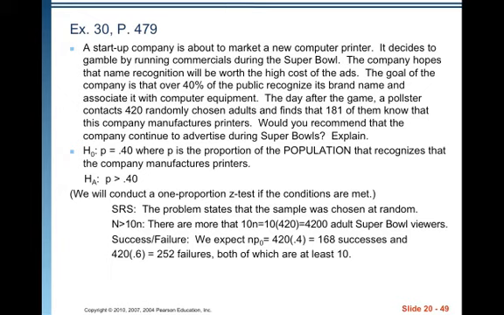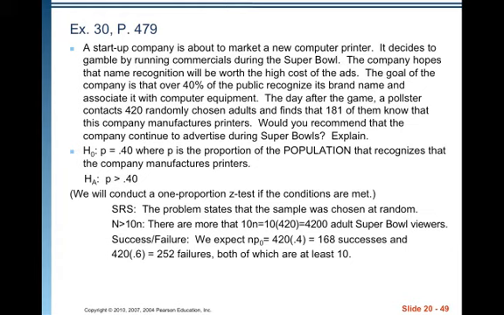So let's think of simple random sample, n less than 10 percent of the population, and success/failure. All right, the problem states that the sample was chosen at random, so we're good there. There are more than 10n, 10 times 420, 4,200 adult Super Bowl viewers. Success/failure: we expect n times p naught equals 420 times 0.4 equals 168 successes.